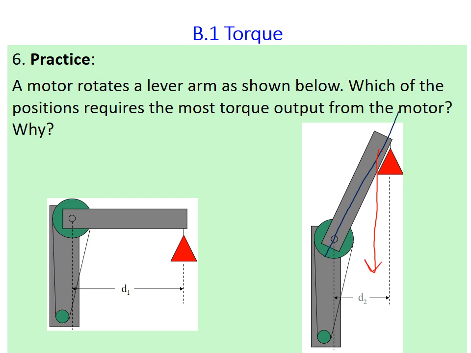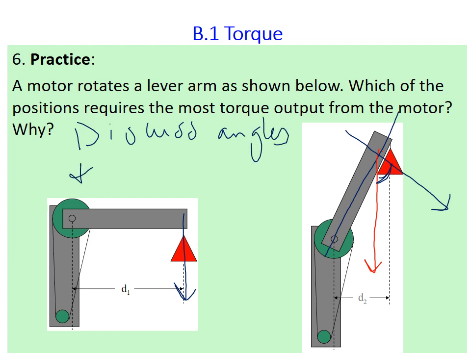And then break it into its components, just as we've done before. And I want you to discuss the difference in the angles, and at what angle you have maximum torque.